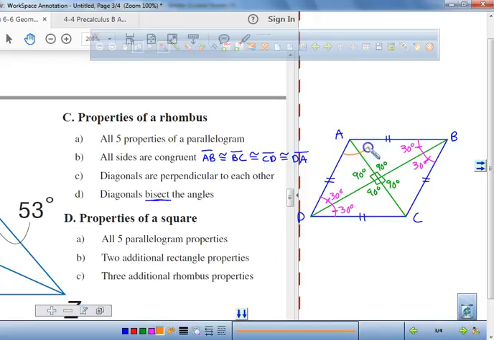Which means this angle right here has been bisected, and this angle right here has also been bisected. I'm going to do a couple of tick marks. Or actually, instead of tick marks, it'd be better if I do this. You can erase it, or you can use tick marks. We'll do a double mark. So right here, this would be 60 and 60, and this would be 60 and 60.